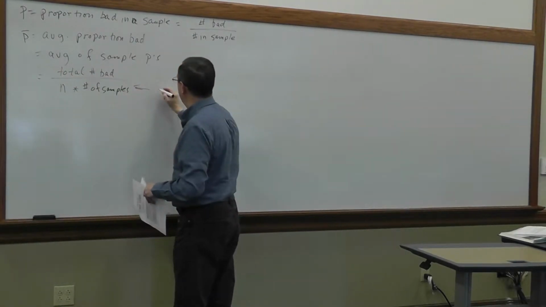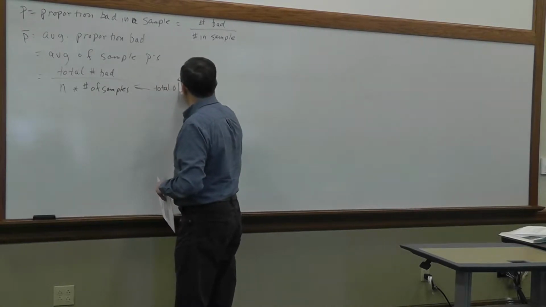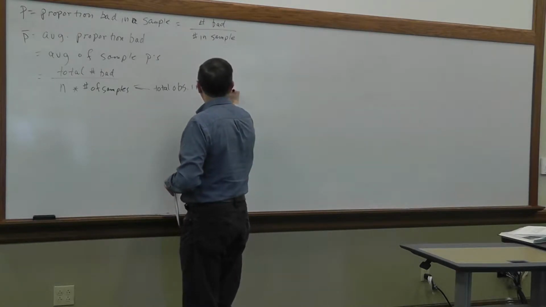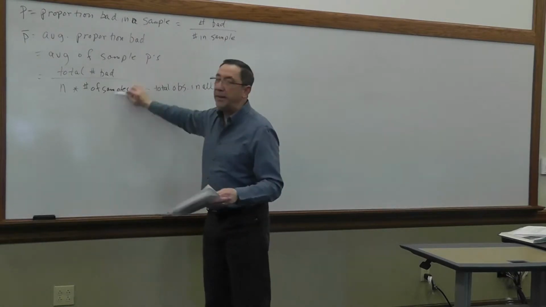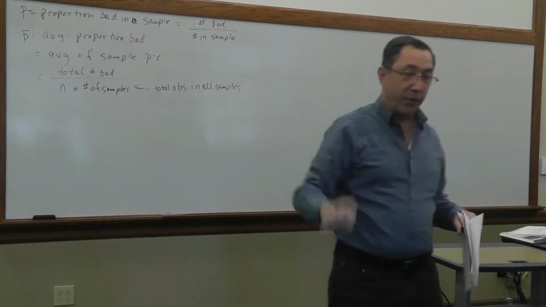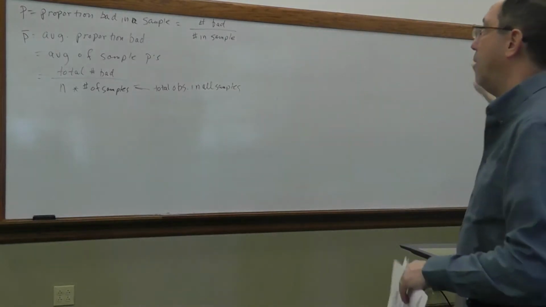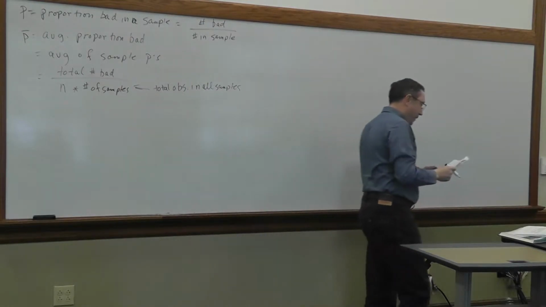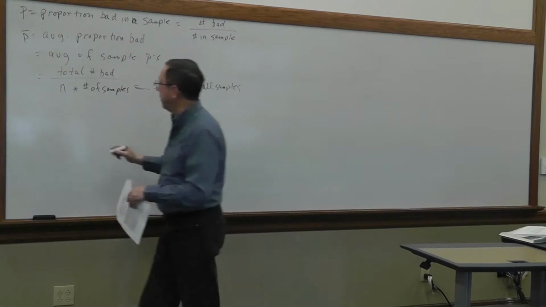Or that denominator is total observations in all samples. So it's just another P, number bad over the number looked at, but it's the average across all of the different samples. That's our center line.